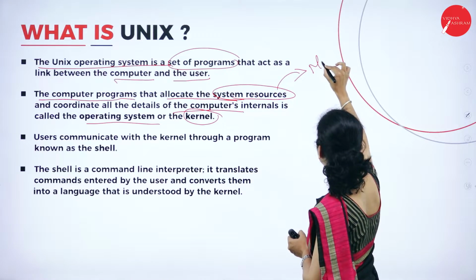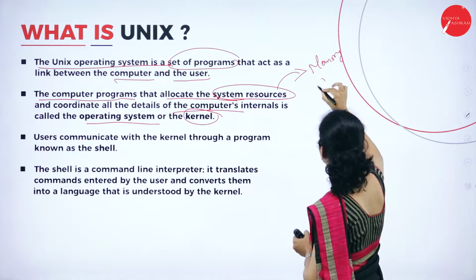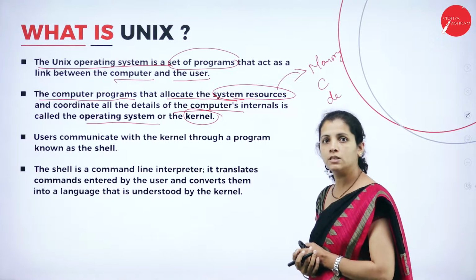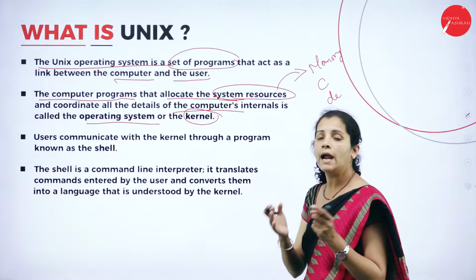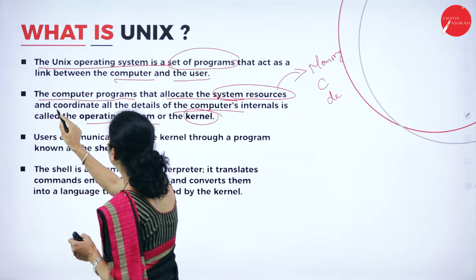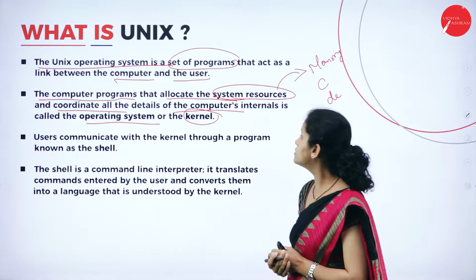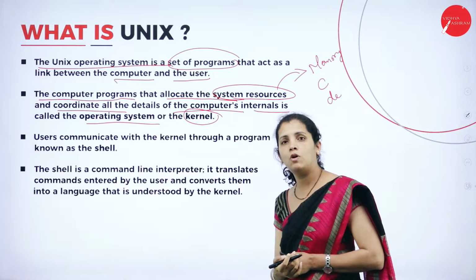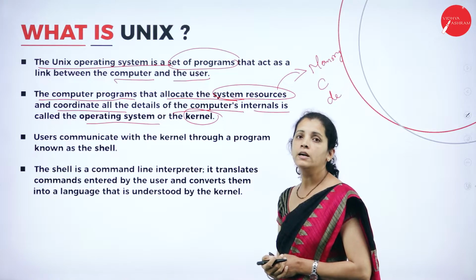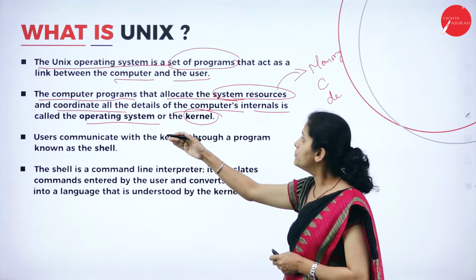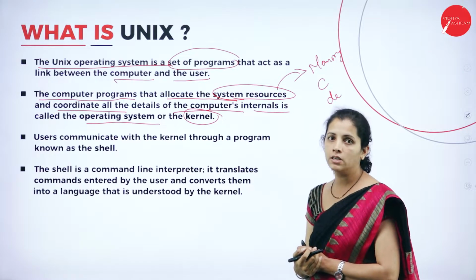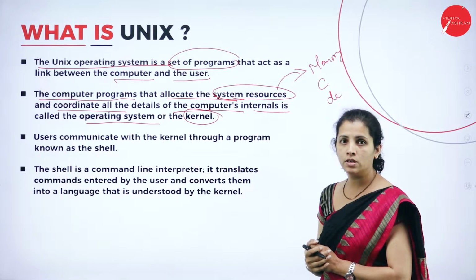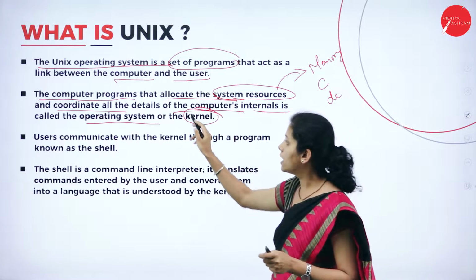That is memory, processor, then devices, etc. These are examples of system resources, and at the same time it coordinates all the details of the computer's internals, and is called operating system or kernel. So here it's mainly used to allocate all the computer resources as well as coordinate with the computer system, and this is the job of the kernel.